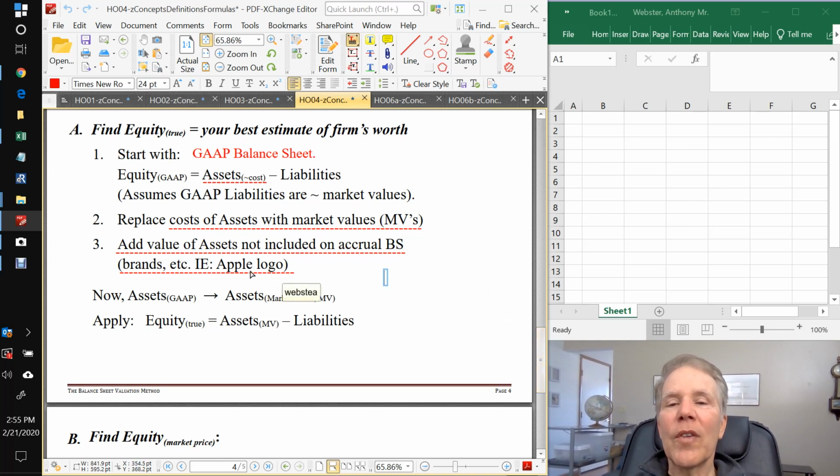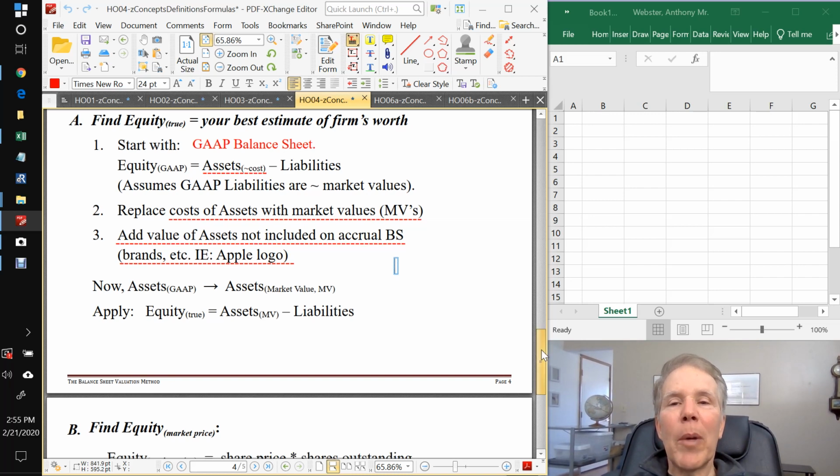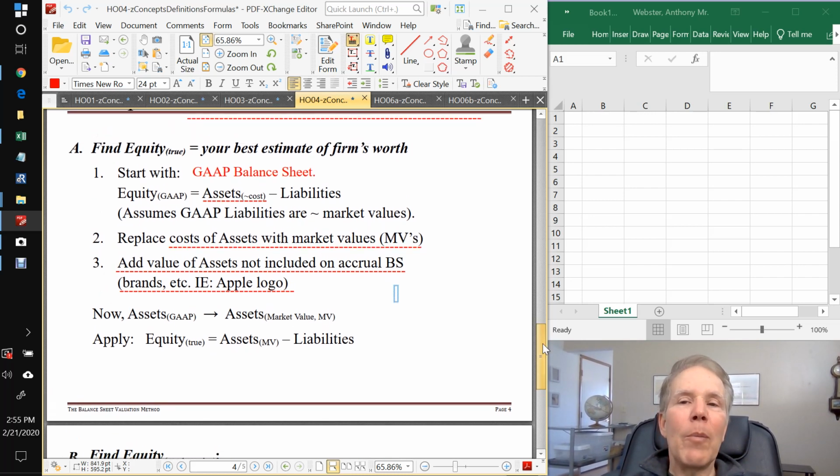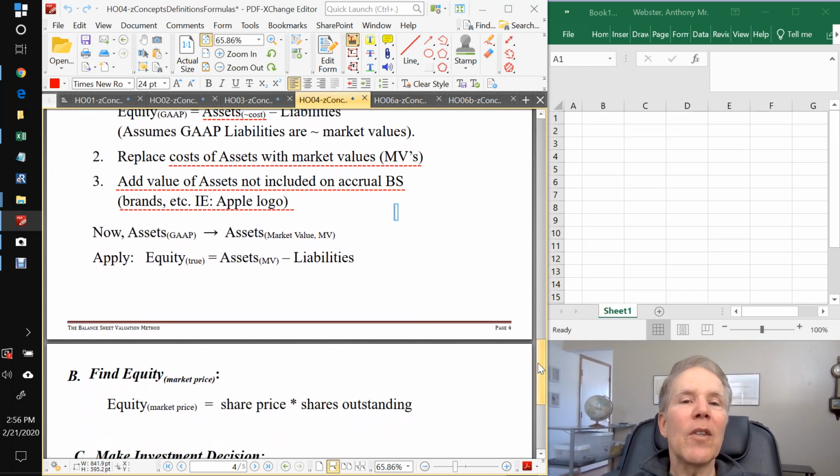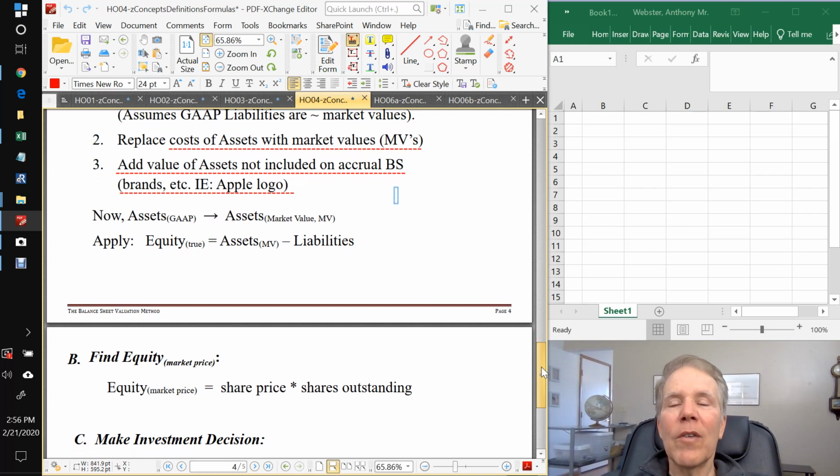So, for example, the value of the Apple logo, clearly worth at least a billion or two, is nowhere on Apple's financial statements. And we did look at the example of Lenovo buying the ThinkPad business from IBM. So Lenovo does have that represented on their balance sheet, hidden in goodwill, because they paid a ton of money for the ThinkPad brand. They still use the ThinkPad brand, and it's their premier brand over at Lenovo.